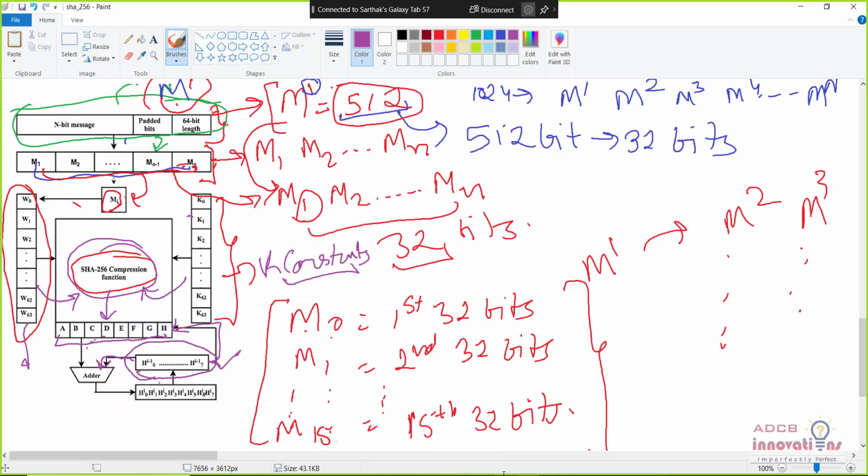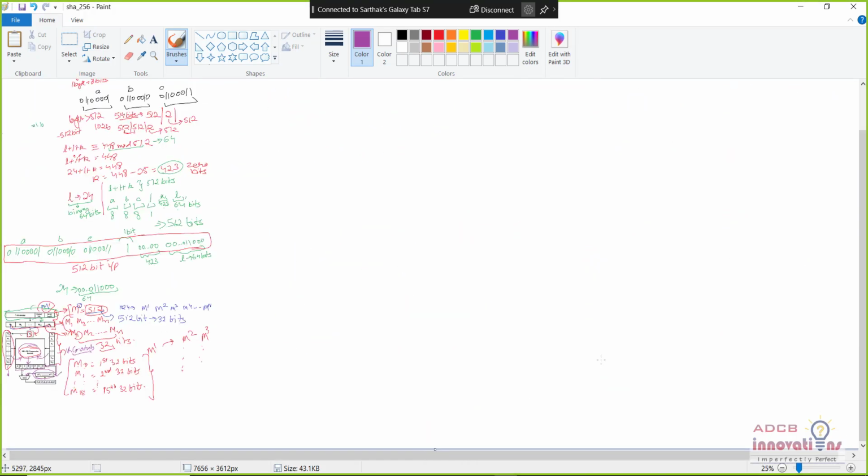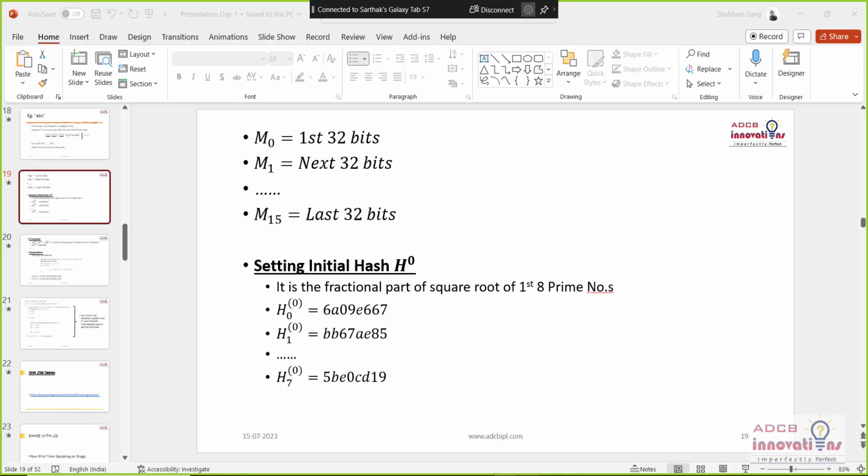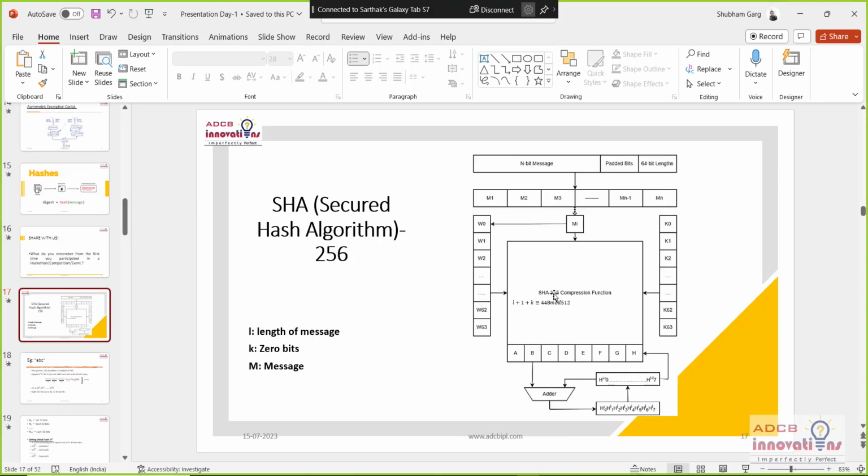Let me open Paint again and widen the area. I will copy the diagram from here.